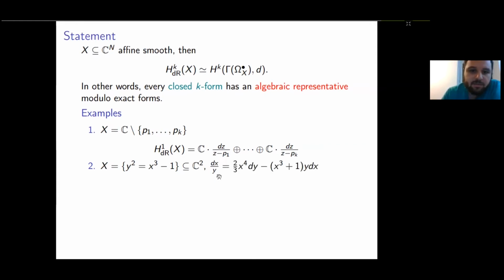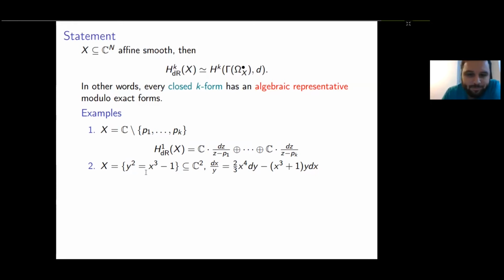This differential can be seen as an algebraic differential over this elliptic curve, defined by this polynomial equation. This is something very elementary that you can show just using the equation of your elliptic curve.